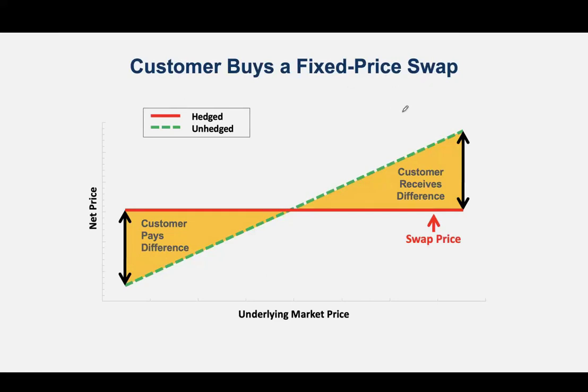Now, in this fixed price swap, you as a buyer have an agreement with the supplier that you will be buying from the same supplier at a fixed price. So this is the fixed price. This red line, that is the hedge, which means we will be paying this much.